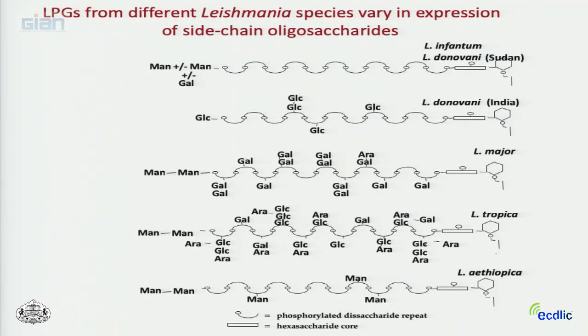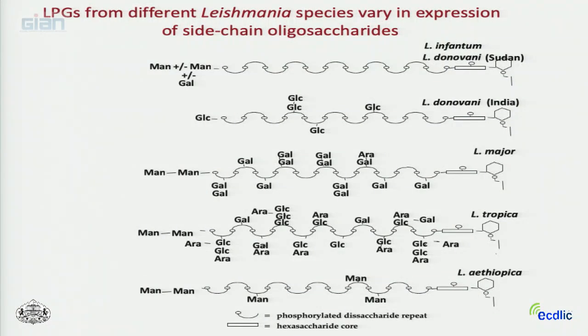So LPG is clearly the critical molecule mediating the attachment, the adhesion of Leishmania promastigotes to the gut wall. Absolutely required for the persistence of parasites in the gut and their full development.